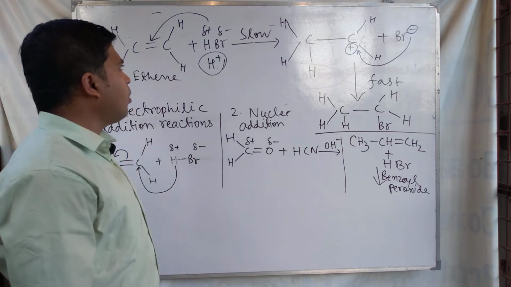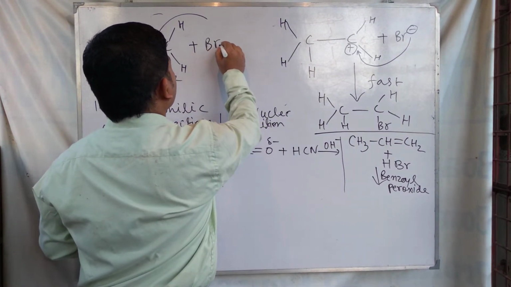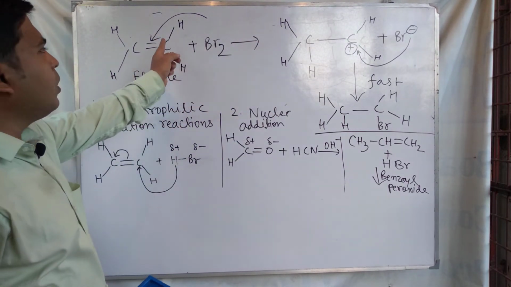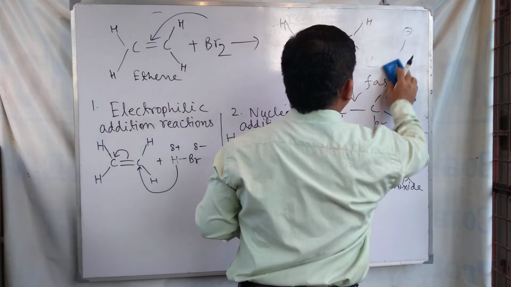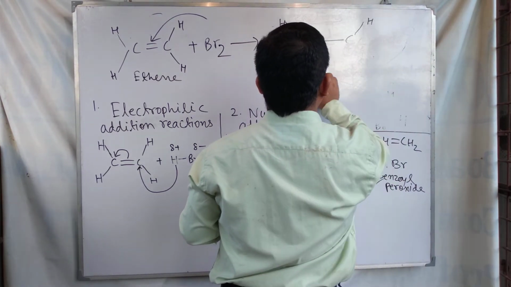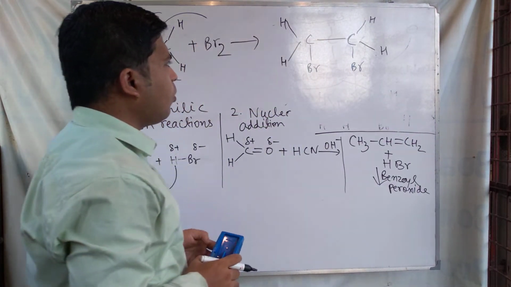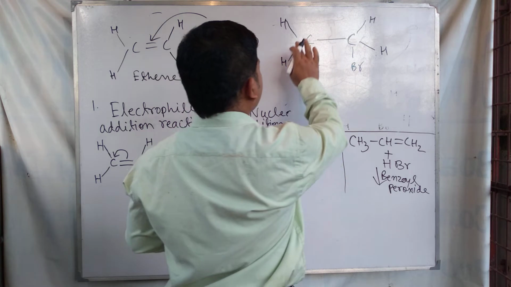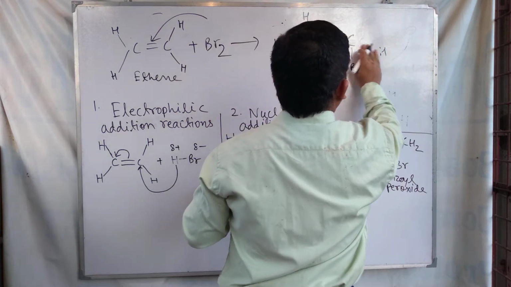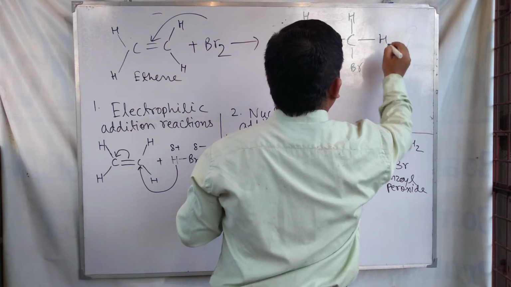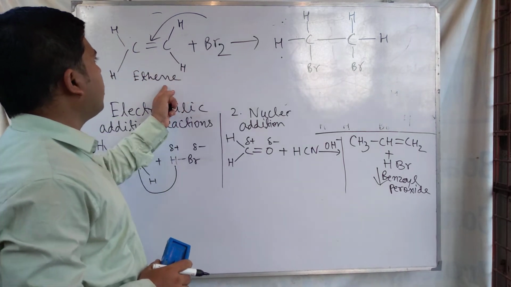Similarly, other electrophilic reactions are also possible. We can show the electrophilic addition of an alkene with Br2, bromine, to form 1,2-dibromoethane.